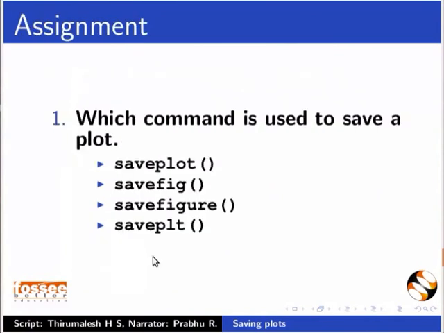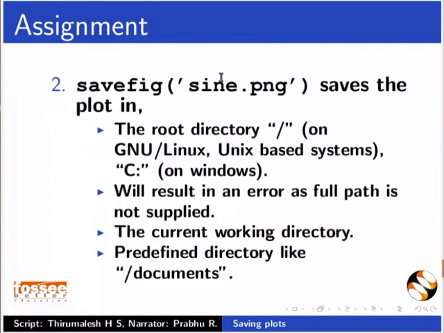Here are some assignment questions for you to solve. Which command is used to save a plot? Save plot, save fig, save figure, save PLT. Savefig('sine.png') saves the plot in the root directory / on GNU Linux Unix based systems, C: on Windows, will result in an error as full path is not supplied, the current working directory, predefined directory like /documents.